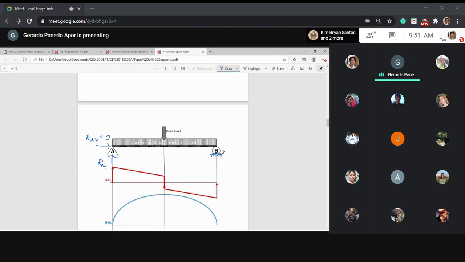As we analyzed earlier, a roller cannot support a reaction in the direction of the roller, so there is no such thing as RBX.